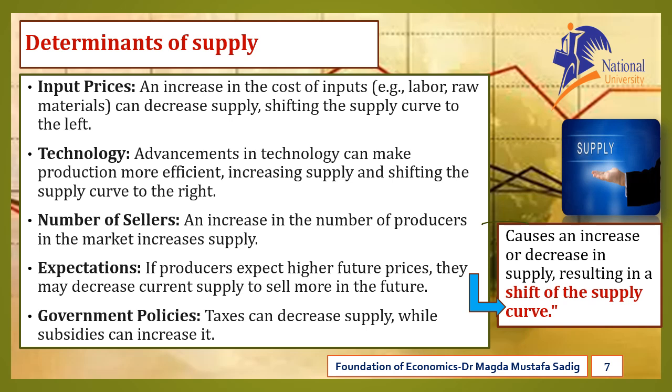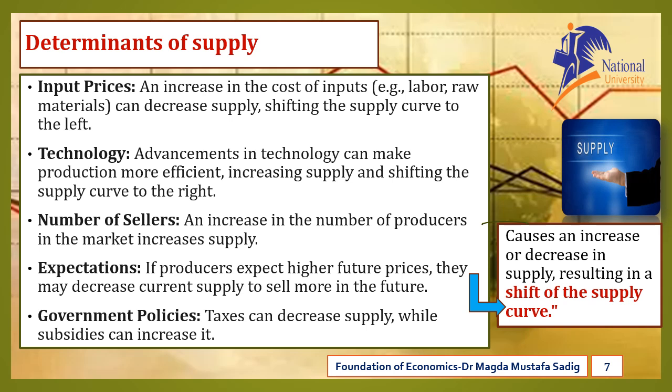Number of sellers, producers. The more producers in the market, the greater the total quantity of goods available, which increases supply. So if many farmers start growing strawberries due to high demand, the total supply of strawberries in the market increases. This causes the supply curve to shift to the right.